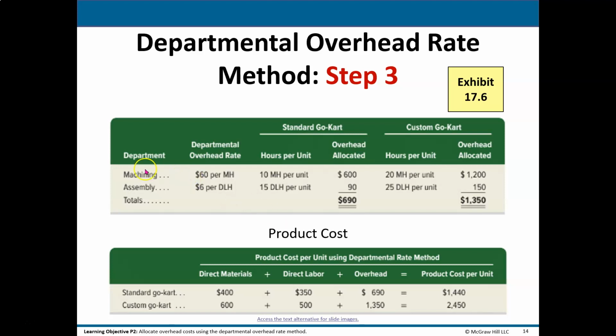Now, let's look at a standard go-kart. We have the machining part. Remember, standard go-kart and custom go-kart are both going to be going through the machining and the assembly process. So we would expect overhead assigned to each type of go-kart based on machining overhead and assembly overhead.